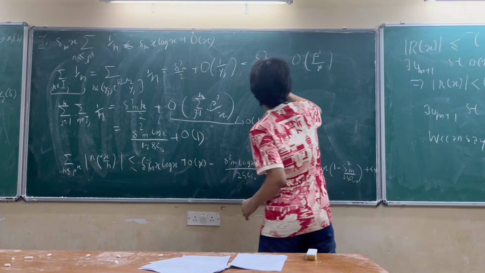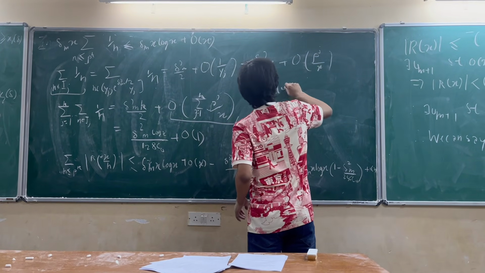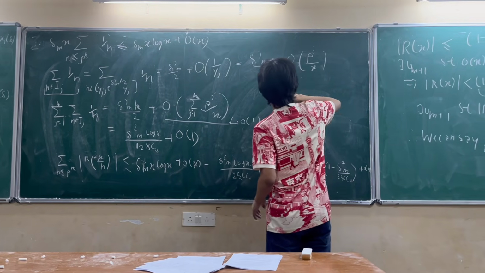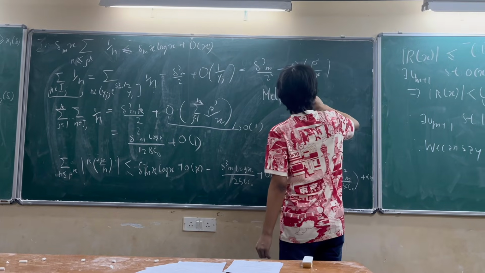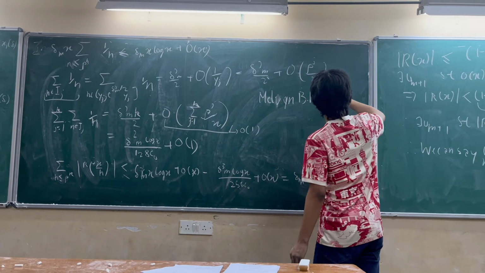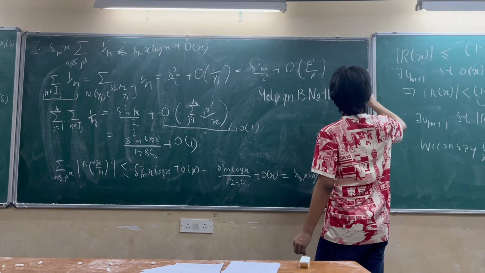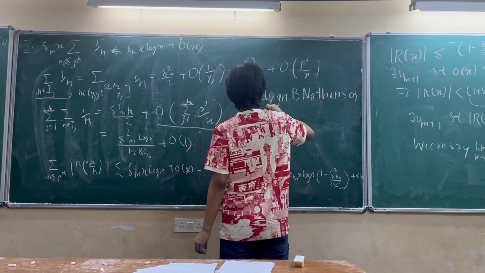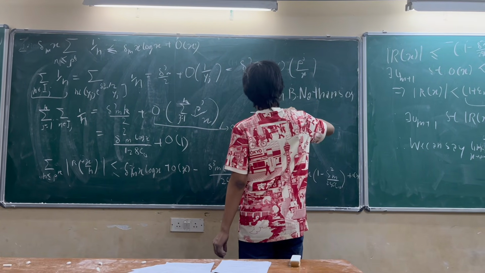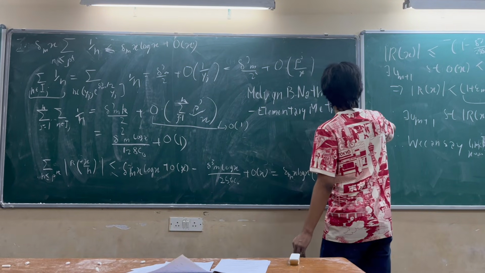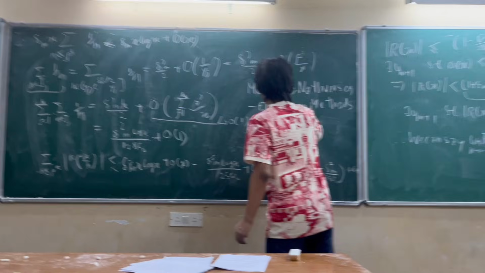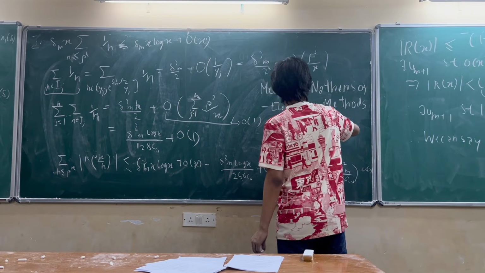So I write it there: Melvin B. Nathanson, Elementary Methods in Number Theory.